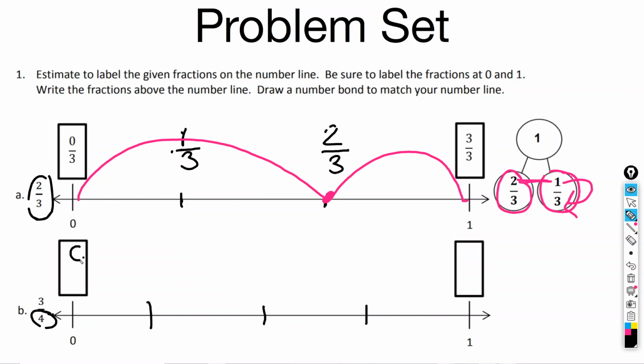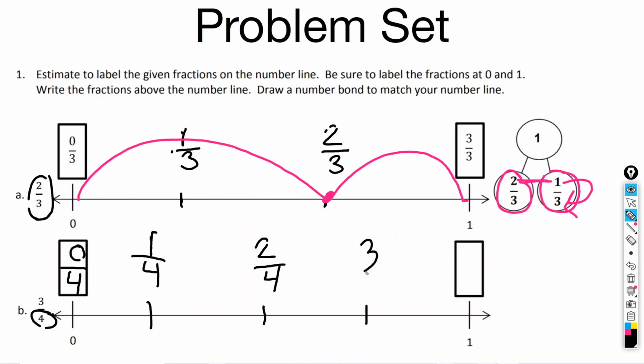We need to label the first piece, which is 0 out of 4 pieces, or 0/4. Then we have 1 piece out of 4 pieces altogether, which is 1/4. 2 pieces out of 4 pieces altogether, which is 2/4.